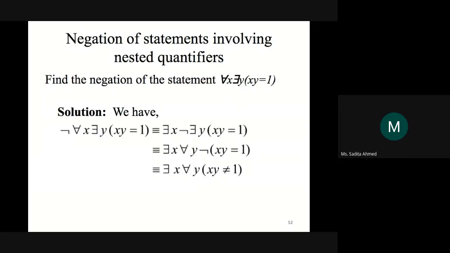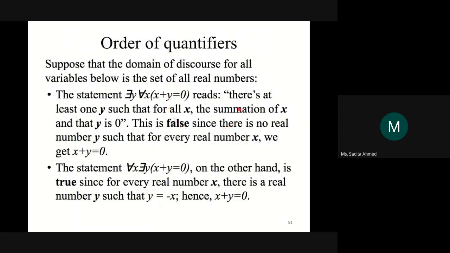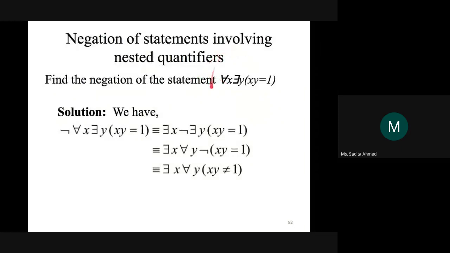You see, it's the same situation as the previous example. The moment you put the existential quantifier first, at least one x, for all y, it becomes false for this specific expression. Why is that?